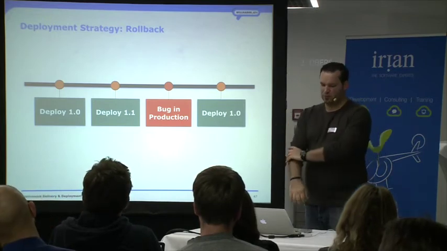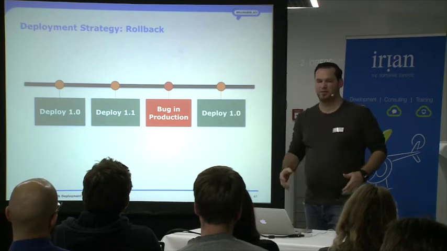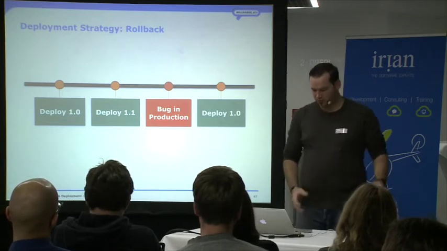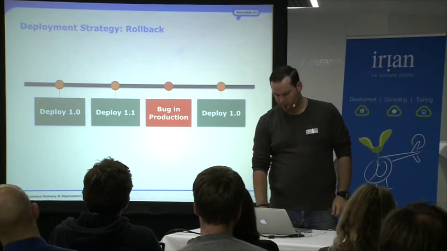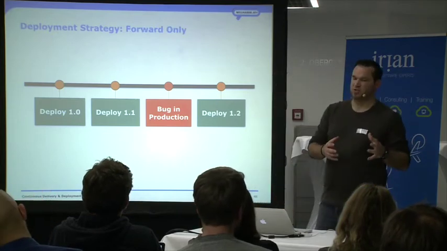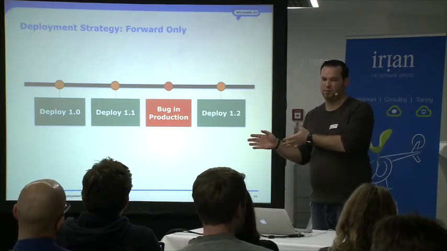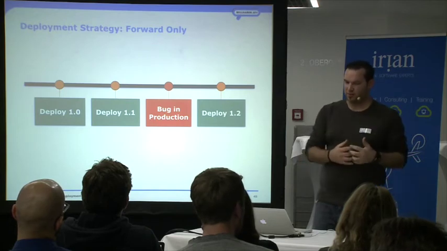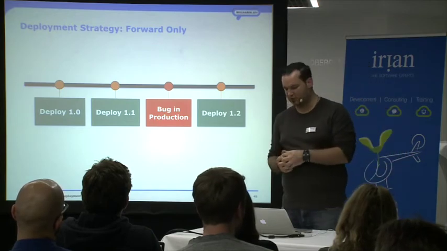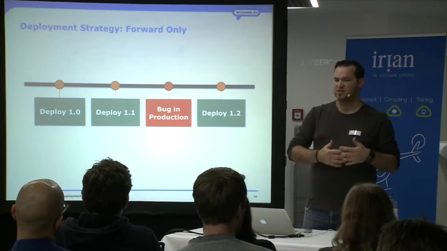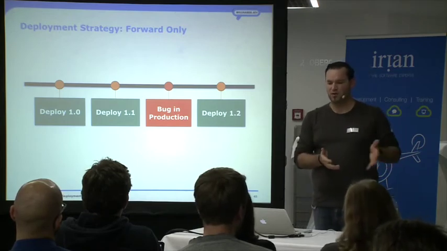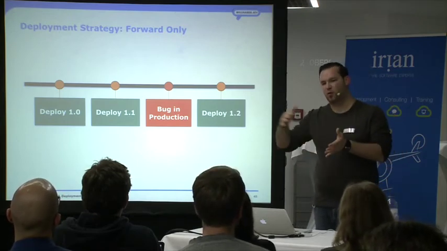So those people who have been practicing continuous deployment for a very long time also move to another strategy, like continuous delivery with forward-only deployment. That means if you find a bug that has to be fixed right now, don't go back to another version that already worked, but go forward to a new version.